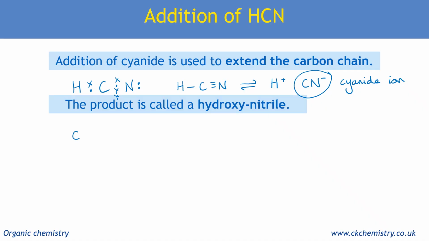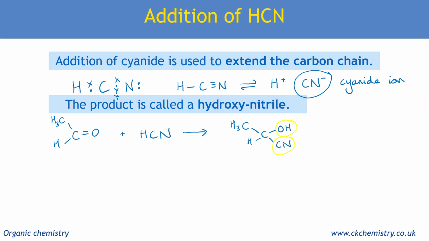If I have a C double bond O, I'm going to give that a CH3 and an H. When I add HCN, excuse the messy drawings, we add a CN, and then the O gets an H. It's an addition, so there's only one product, and it has 2 functional groups: the CN part and the OH part. OH is an alcohol.